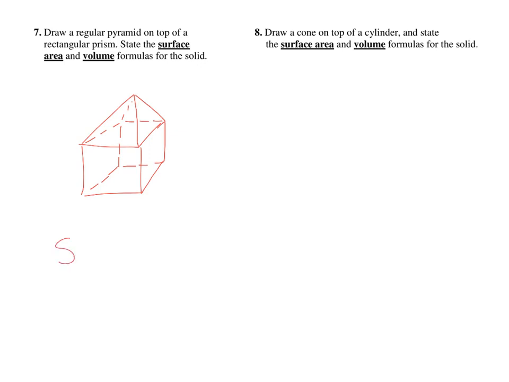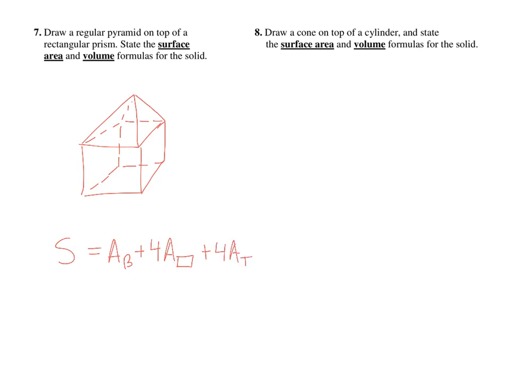State the surface area and volume formulas for the solid. The surface area of this, what is it? I have the area of the base, the bottom of the prism. Then I have 4 times the area of the rectangles that are surrounding the rectangular prism. And then I have 4 times the area of the triangles.